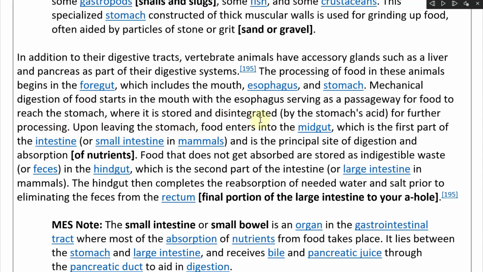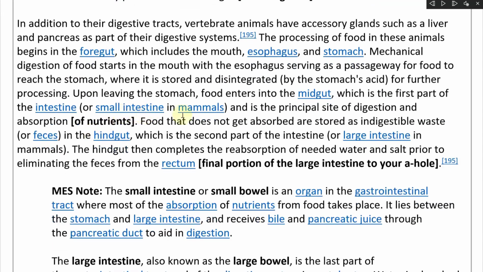Upon leaving the stomach, food enters the midgut, which is the first part of the intestine, or small intestine in mammals, and is the principal site of digestion and absorption of nutrients.